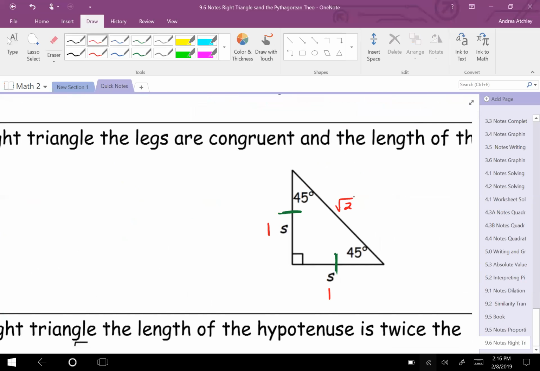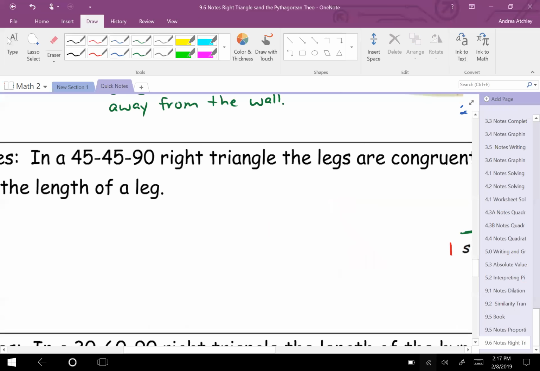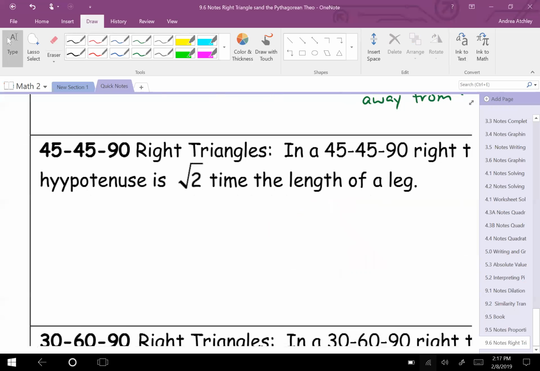So let's just practice some basic ones. If this side was 5, what would the length of the hypotenuse be? Okay, let's review. The hypotenuse is square root 2 times the length of the leg.